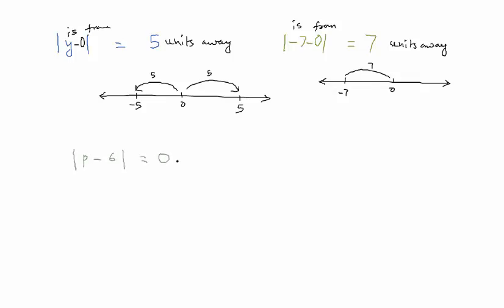So interpreting this equation in our own way, p is 0 units away from 6 on the number line. So which number is 0 units away from 6? It's the number 6 itself, right? Therefore, there's only one answer to this equation.